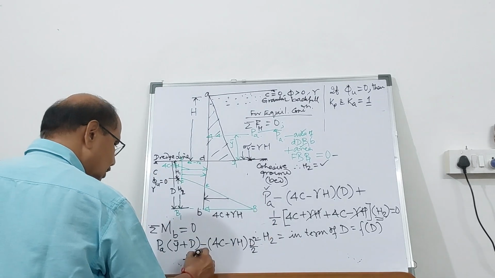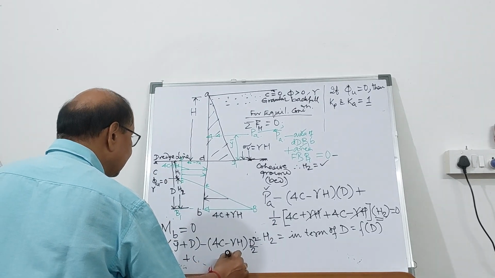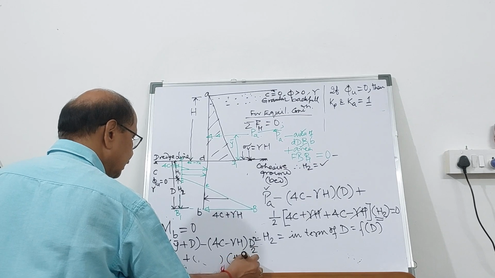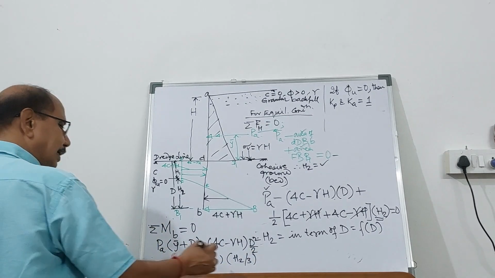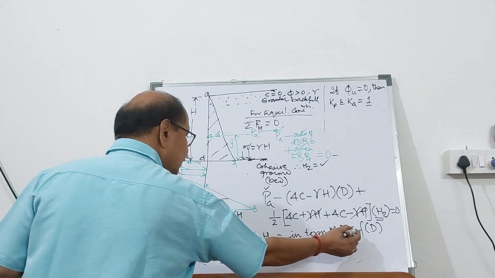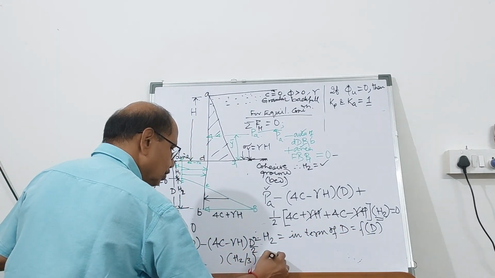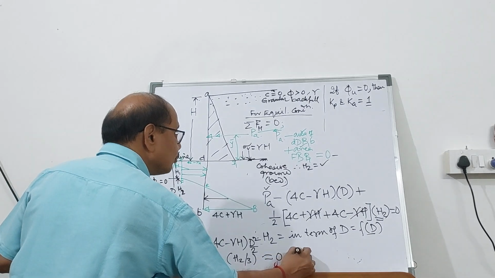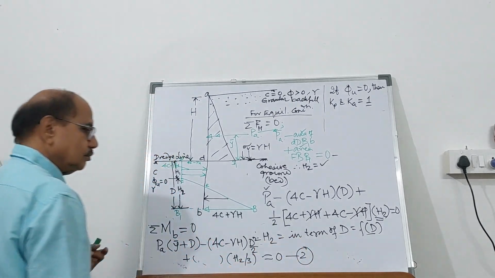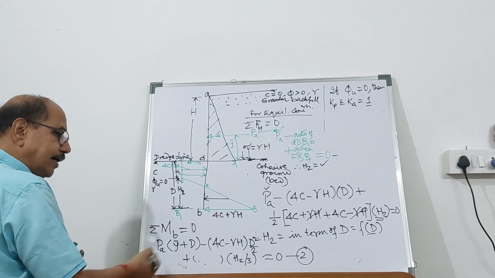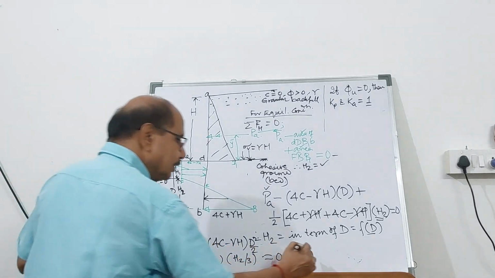So this force multiplied by H2 by 3, must be equal to 0. So by solving this equation, you can find out the value of D.